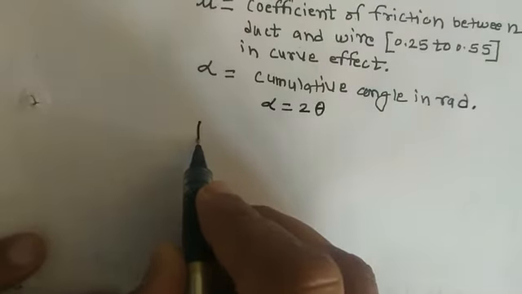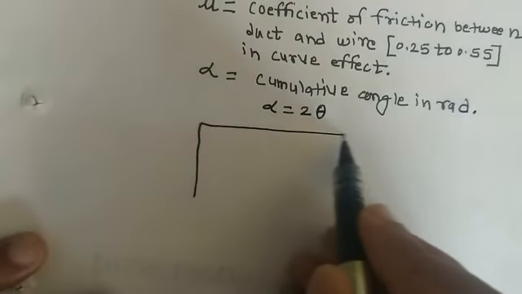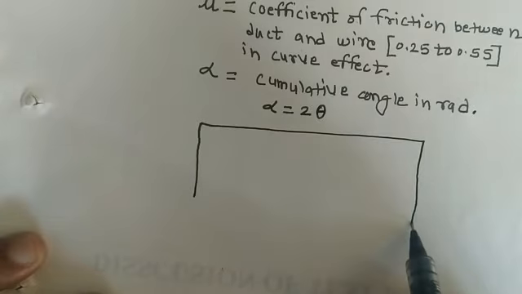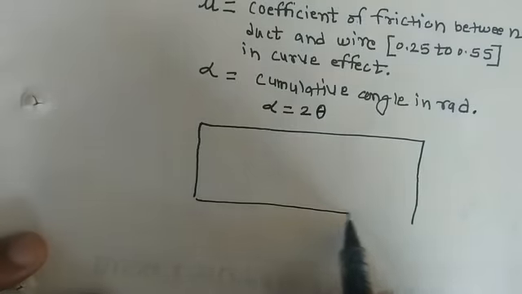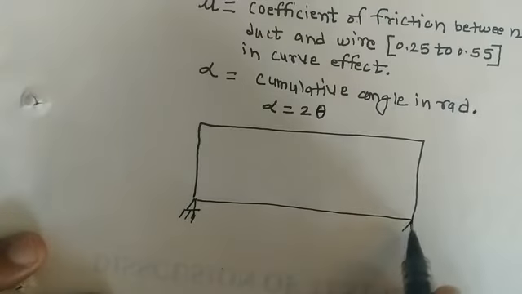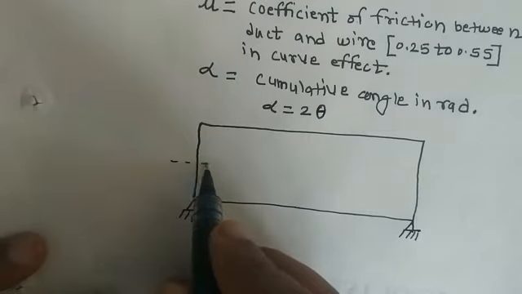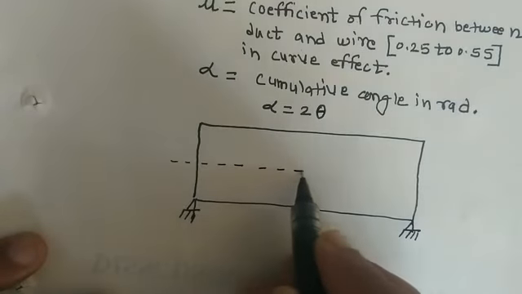So let us sketch the simply supported beam to understand the exact meaning of alpha and theta.